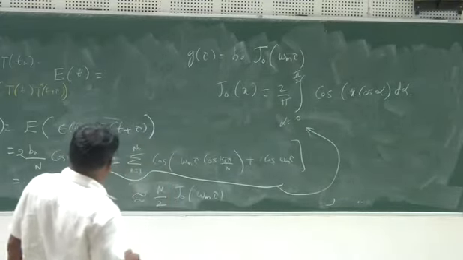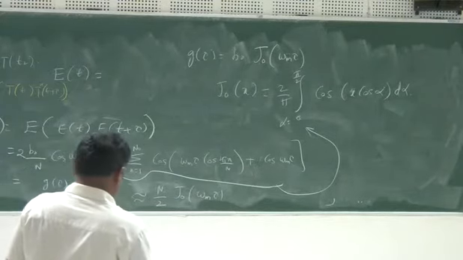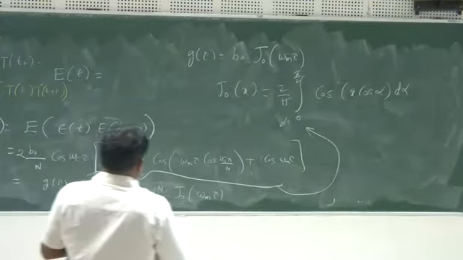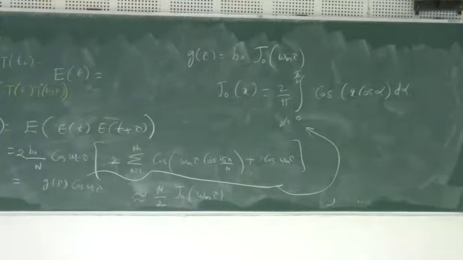I have to replace that integral with a set of discrete components ranging from 1 to N naught. Of course, actually there is a 0th term also, right?